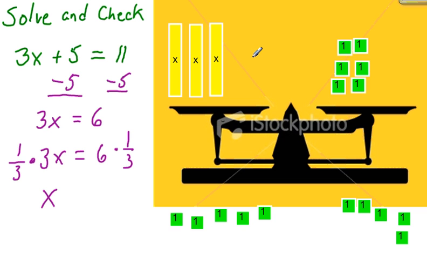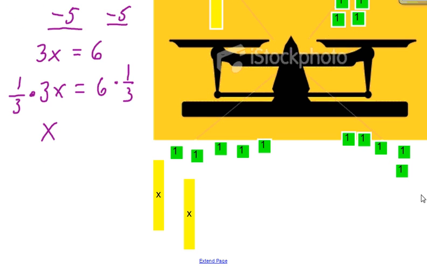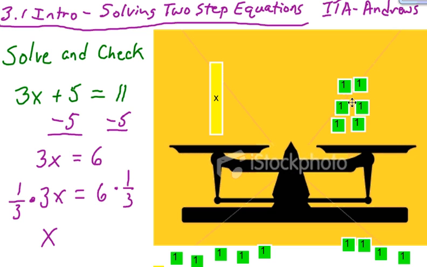I want to keep 1/3 of each side. So I'm going to eliminate these two because I took 1/3 of that side, and what remains is 1x. I took 1/3 of this side, and what will remain is 2. And so we have now considered ourselves having solved this equation.